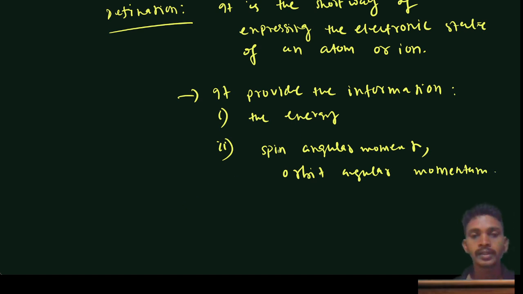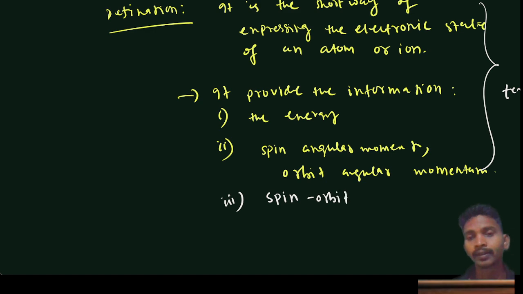Up to this point it is the same as what we discussed about terms. The term symbol has one additional point: it gives information about the spin-orbit angular momentum.